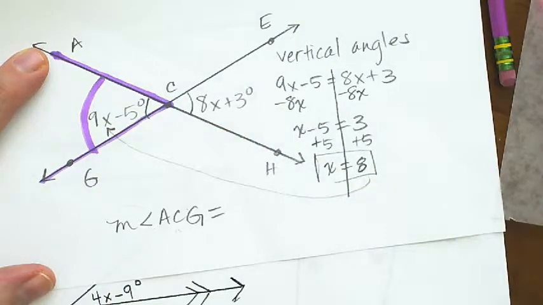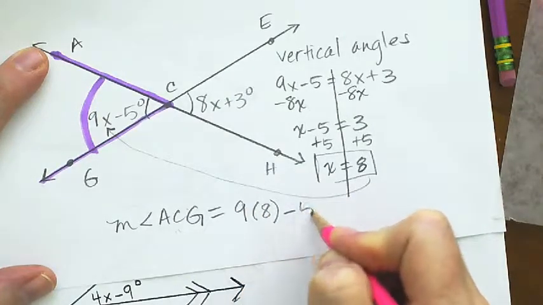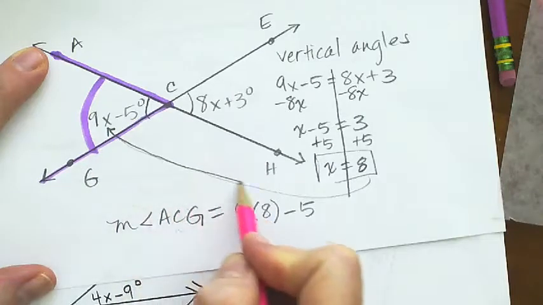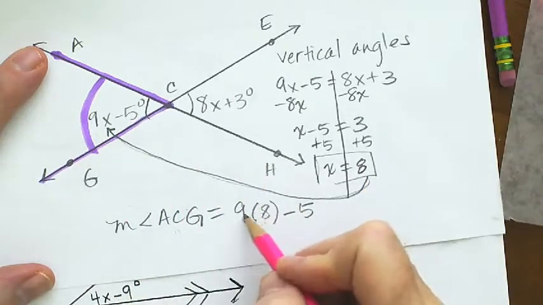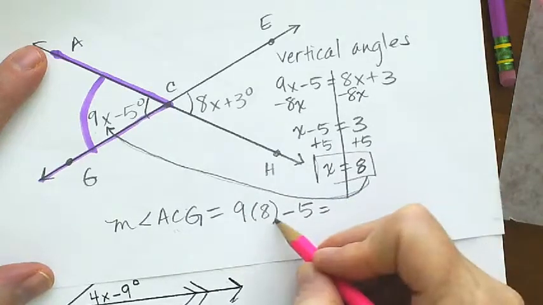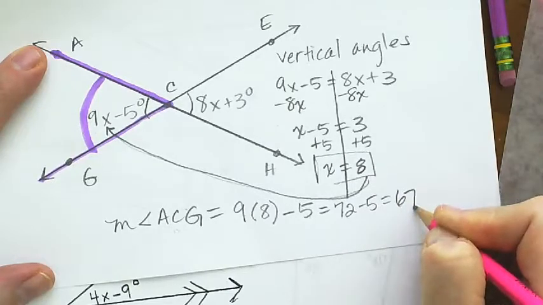So that's going to give me 9 times 8 minus 5. I'm taking 8 and I'm putting it in the place of x. 9 times 8 is 72, and 72 minus 5 is 67.